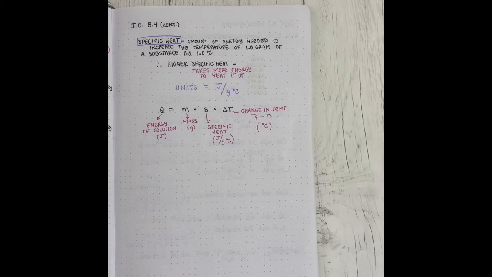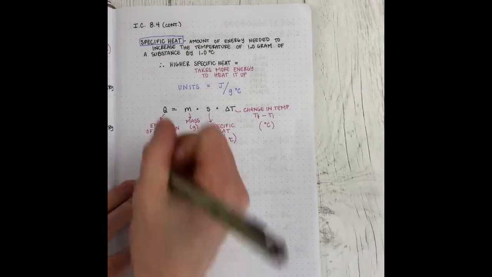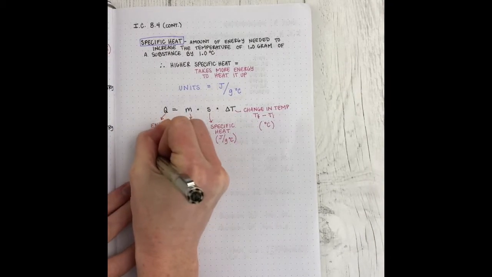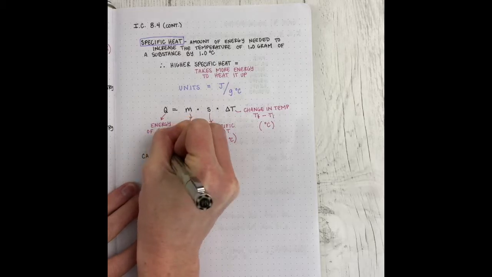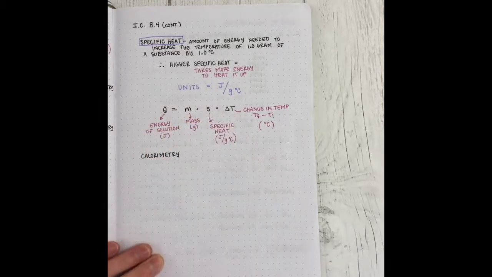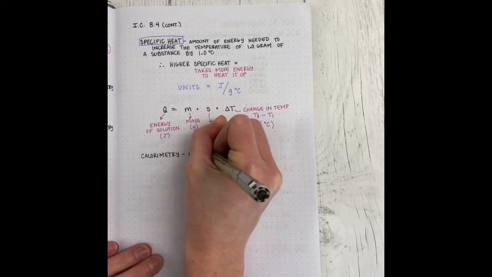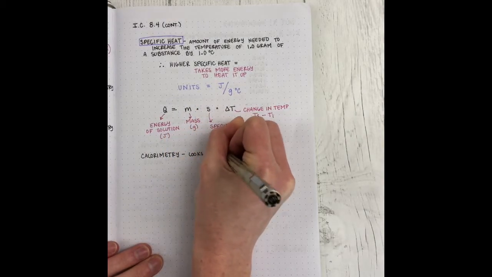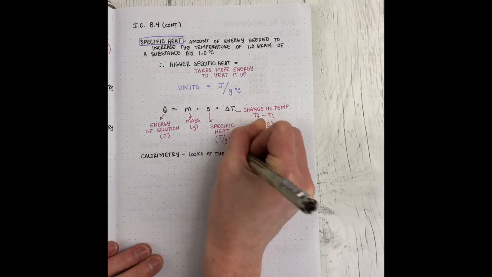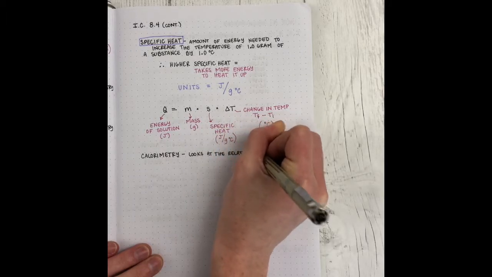So as I said before, this is known as the calorimetry equation. And calorimetry, again, it sounds really complex, just like the equation above, but really, calorimetry is just looking at the relationship between heat, energy, and temperature.